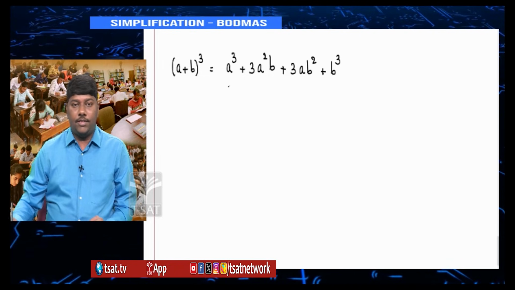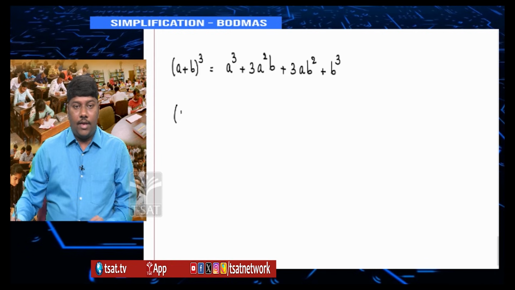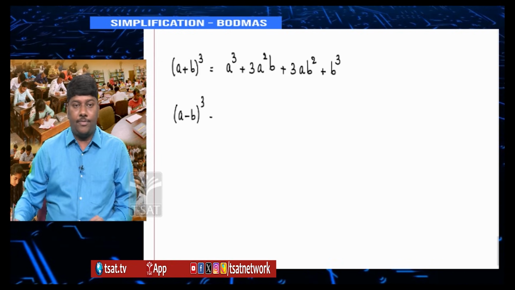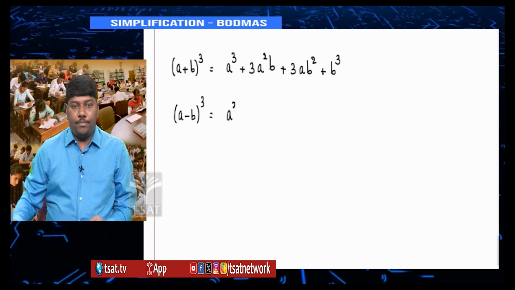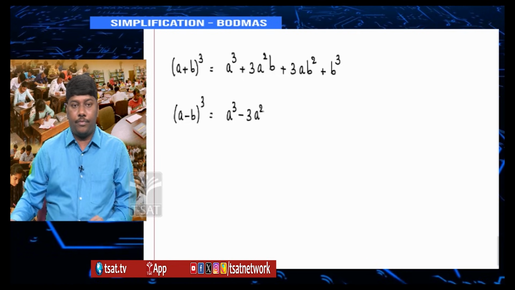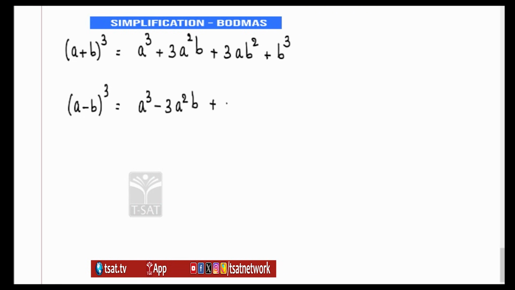So, all you have to remember is the coefficients 1, 3, 3, 1. A minus b whole cube. Instead of b, you put minus b here. So, a cube minus 3a square b. Here minus b whole square is plus b square only. Therefore, it becomes 3ab square minus b cube.